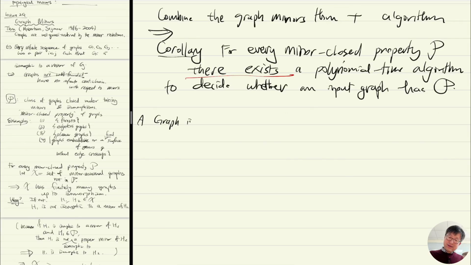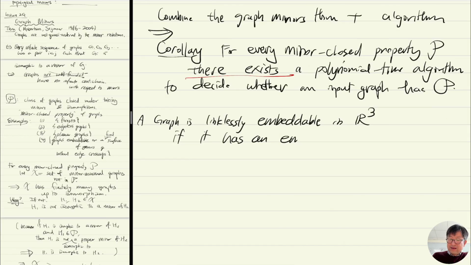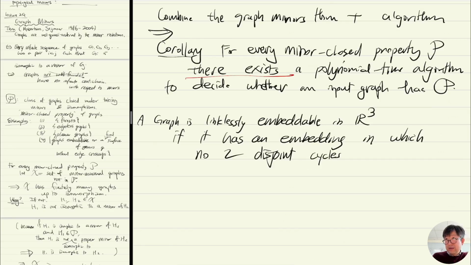A graph is linklessly embeddable in R cubed if it has an embedding in which no two disjoint cycles form a link.